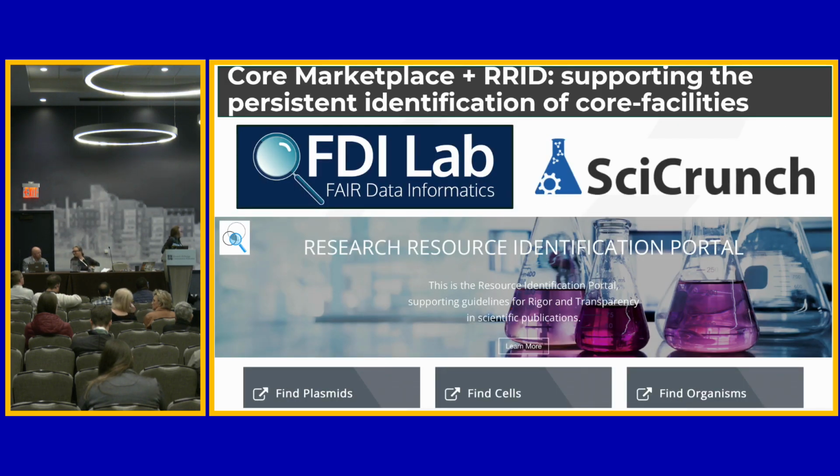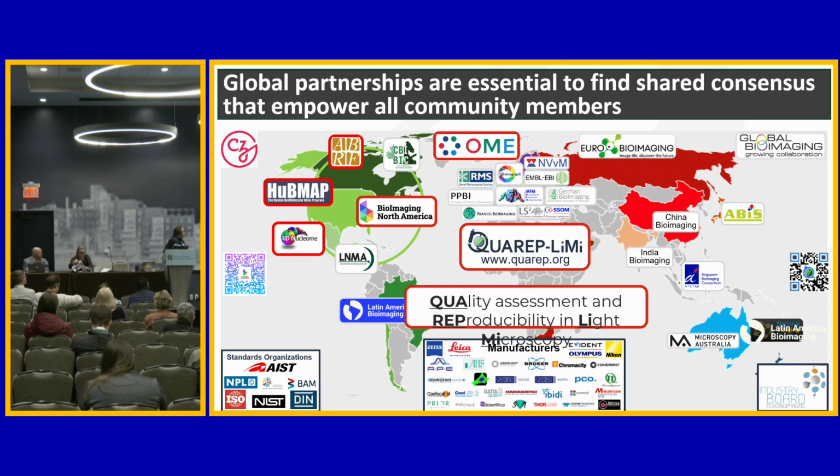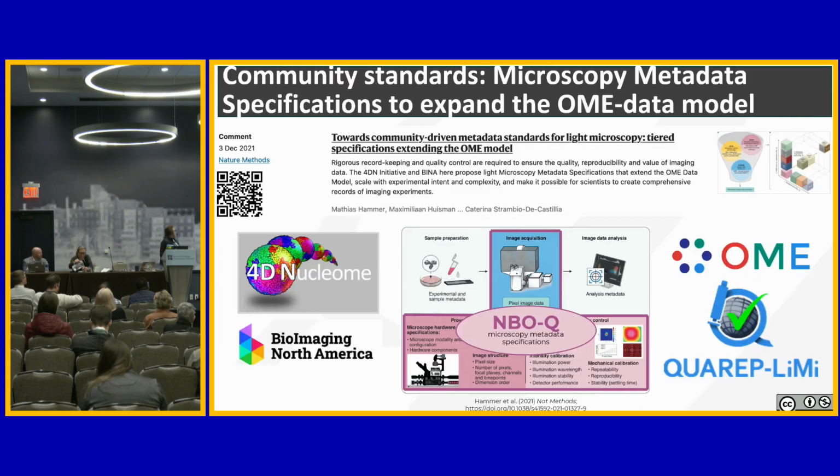And then with FTI Lab and SciCrunch and the RRID effort, and other efforts that I'm more involved in, which are Bioimaging North America and QUAREP-LiMi. This is an organization that includes a lot of different bioimaging scientists with instrument manufacturers to develop quality control and reproducibility.